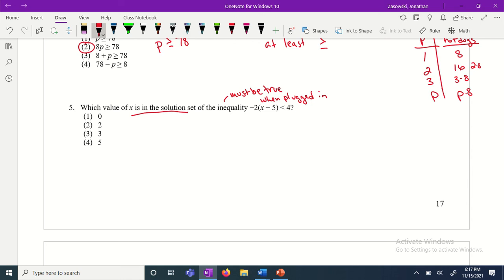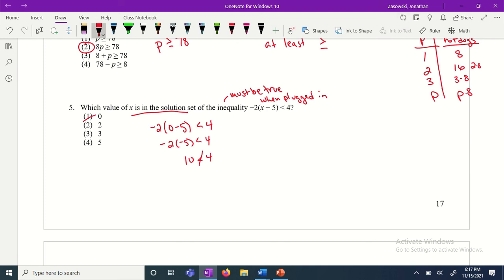So another way to solve this besides actually solving the inequality is to plug in the number. So if I did -2 times 0 minus 5, is this less than 4? Is -2 times -5 less than 4? No, this is 10. 10 is not less than 4. So that's out.